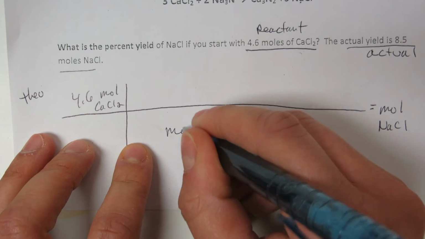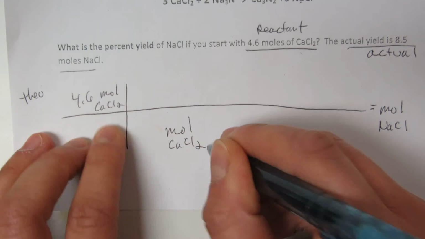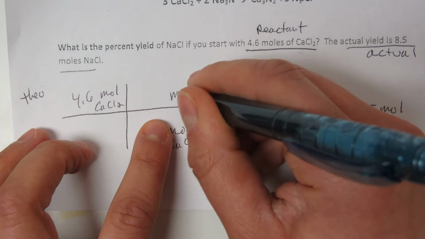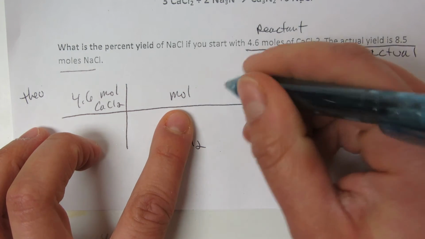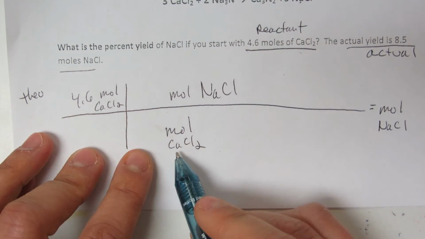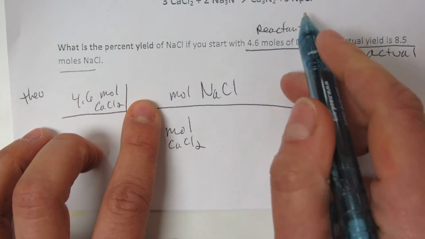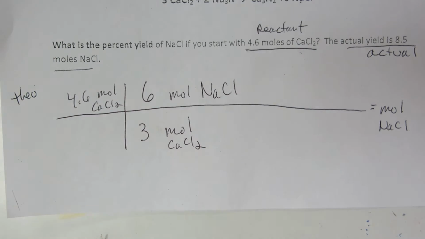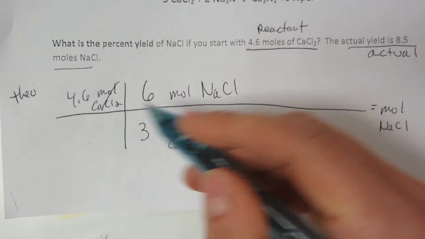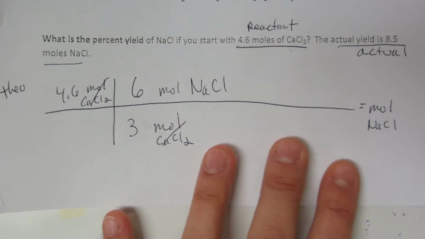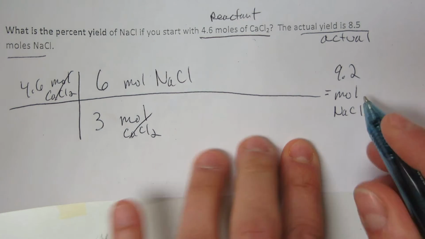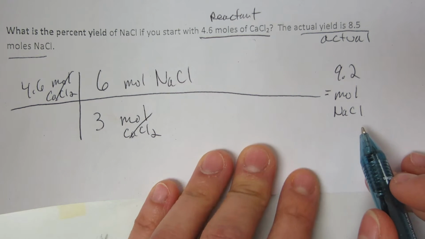I'm going to put mole of calcium chloride on the bottom to cancel out the one on the top, and transition to mole of what I'm looking for, sodium chloride. I see that I have 3 moles calcium chloride on the bottom and 6 moles sodium chloride on top. So 4.6 times 6 divided by 3 gives you 9.2 moles. You thought you were going to make 9.2 moles of sodium chloride.